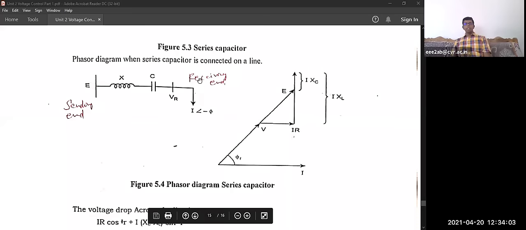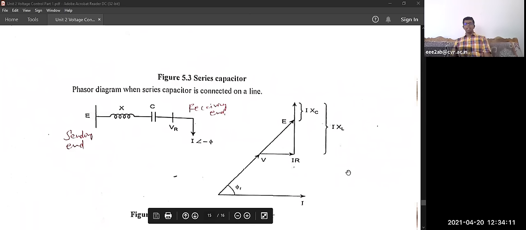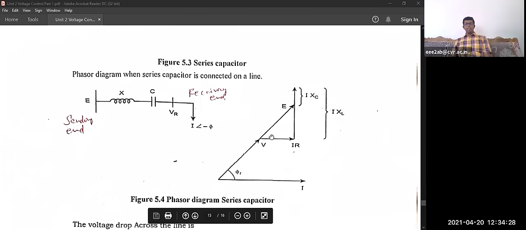By using the series capacitor, the inductive drop, that is I XL, is being reduced in the line. So this is the I into XC. But this lagging current will always be there due to the load being connected. But in the ideal case, the normal case, the voltage and current will be on the same axis. I'll be explaining this clearly in the power factor explanation.